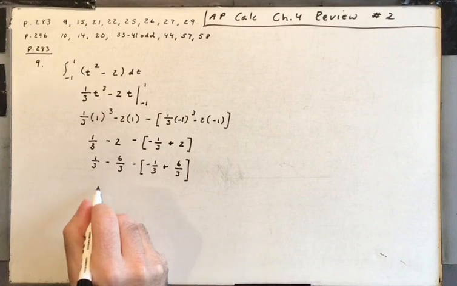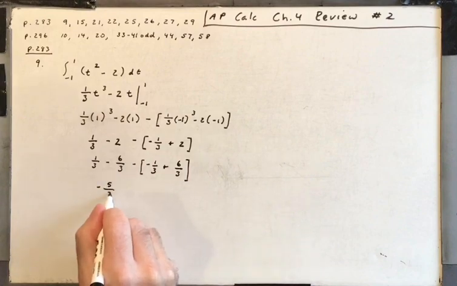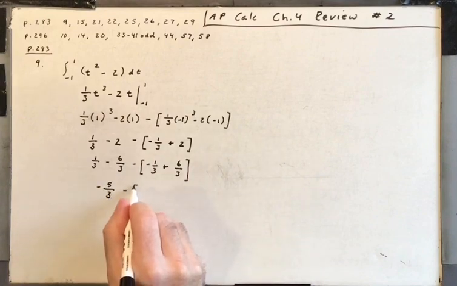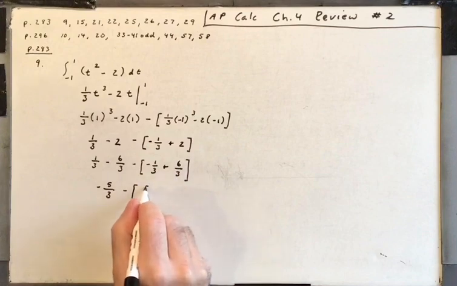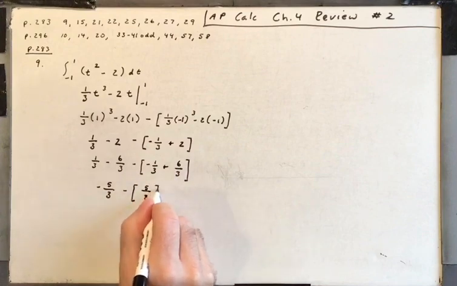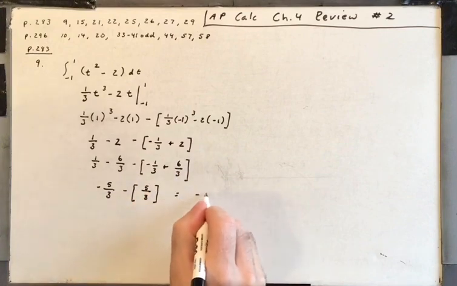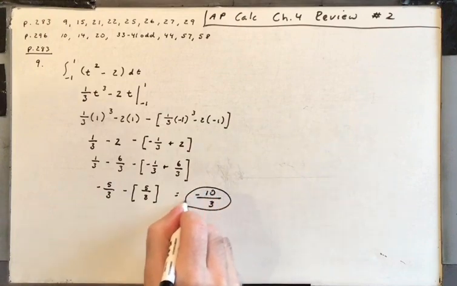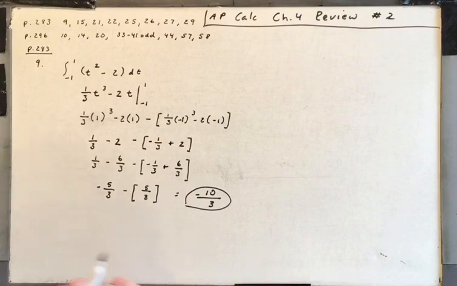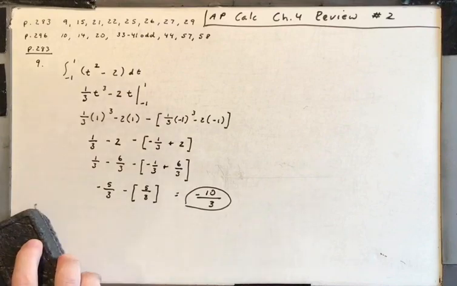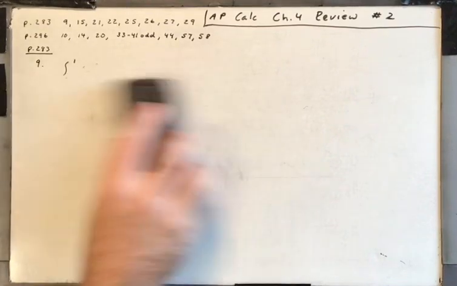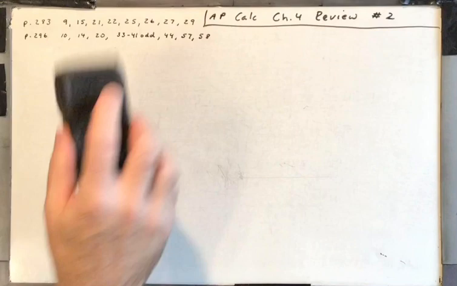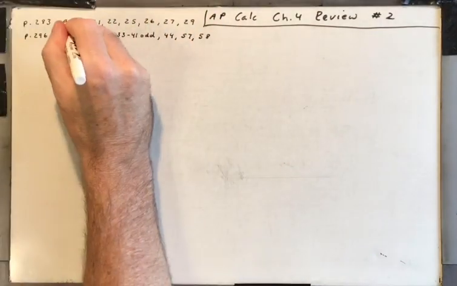All right, what a mess. So that's minus 5/3 minus 5/3. So that would be -10/3. Oh man, you can see how things could get really dangerous with that. Okay, all right, so knock that one out.